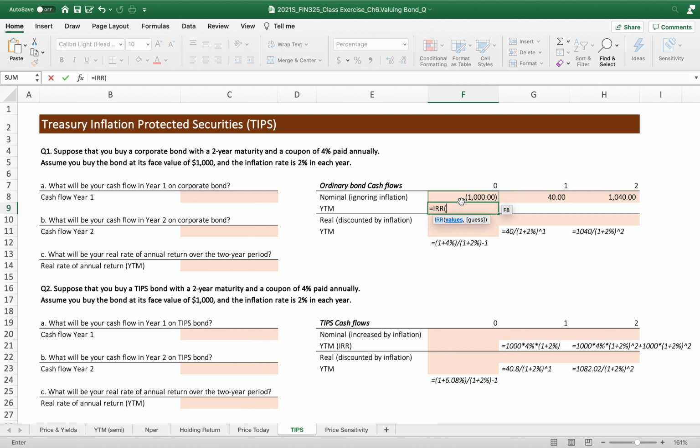So we are using this IRR, including this $1,000, and then we got 4%. 4% is the nominal YTM, okay?